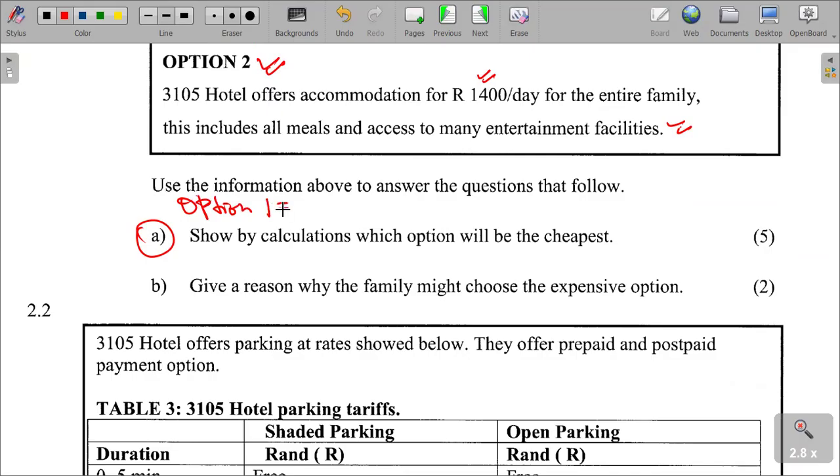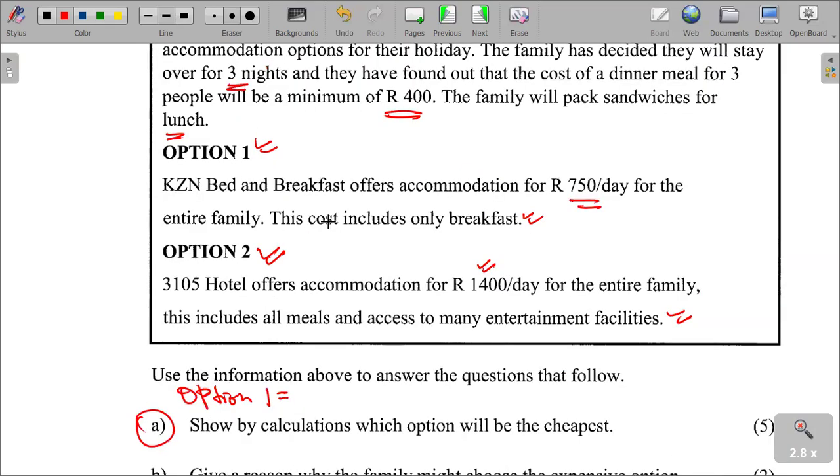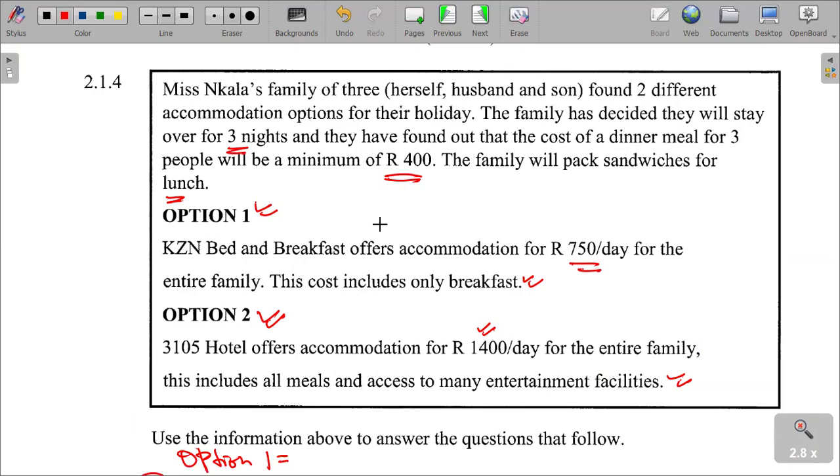Option one is saying 750 per day for the entire family, and they are to stay there for 3 nights.